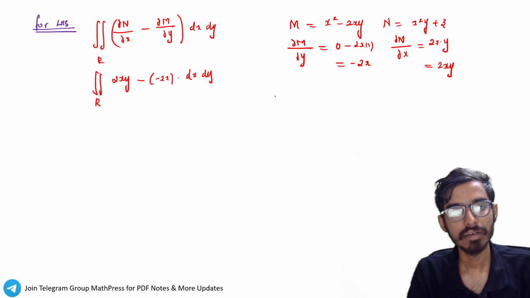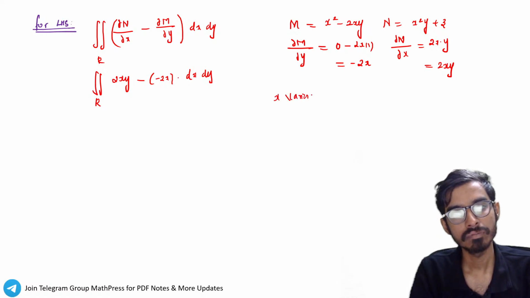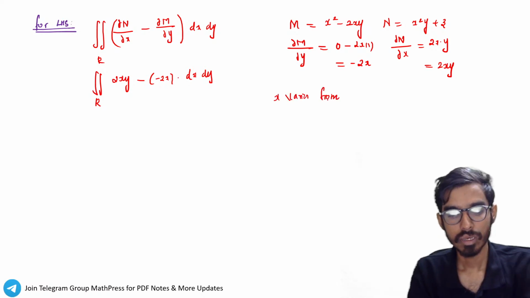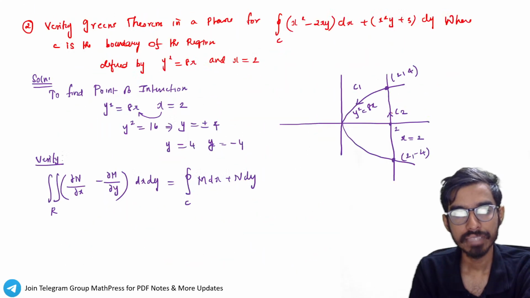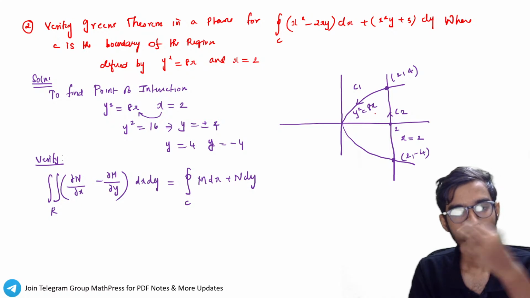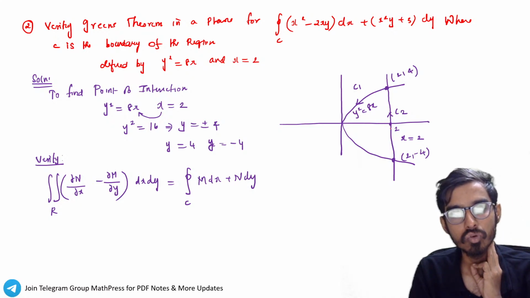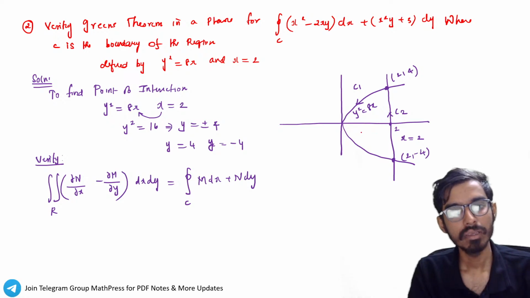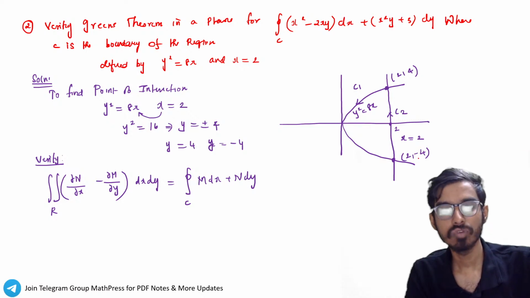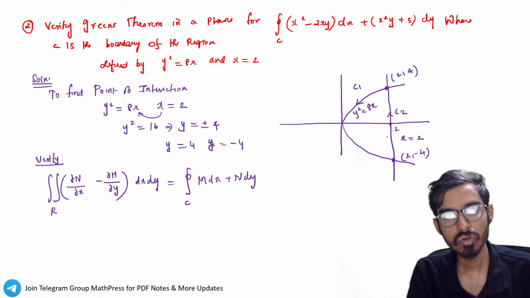So, you can see x varies from 2. What we'll do is we can do anything, right? You can treat x as varying from 2 to y square by 8, and y varying from minus 4 to 4, or you can also do x varies from 0 to 2, y varies from minus 4 to root 8x.